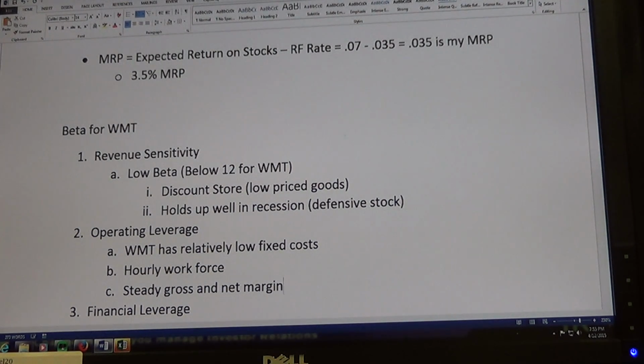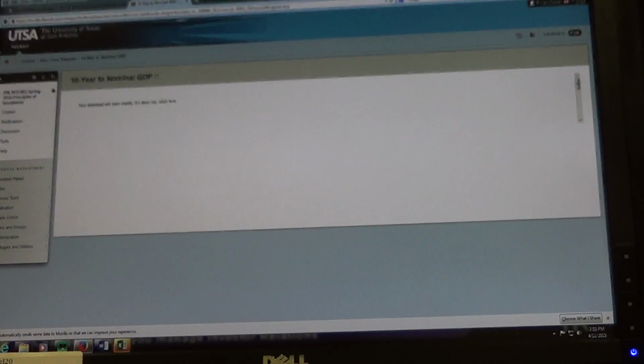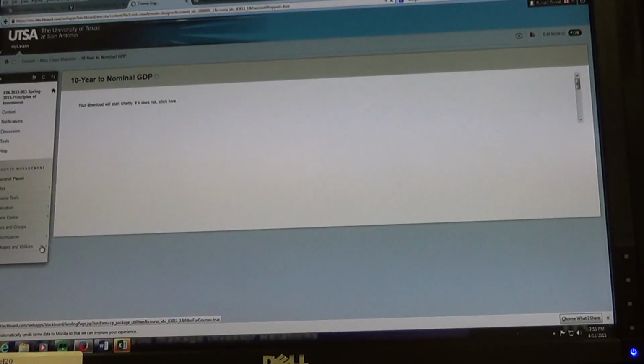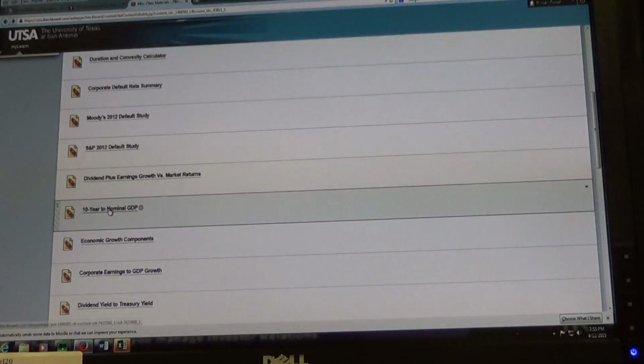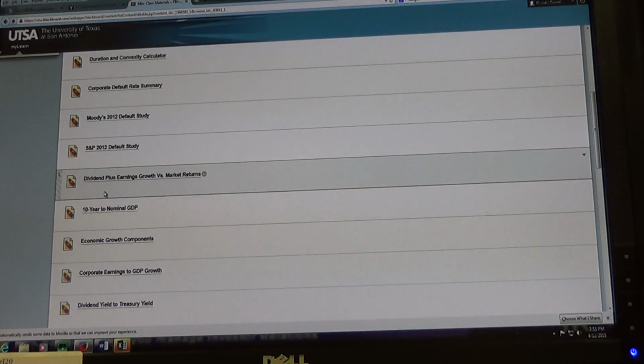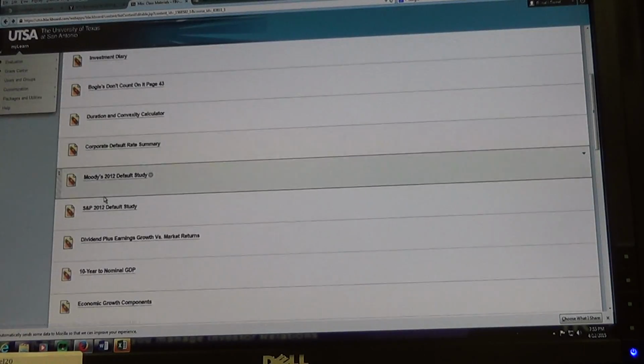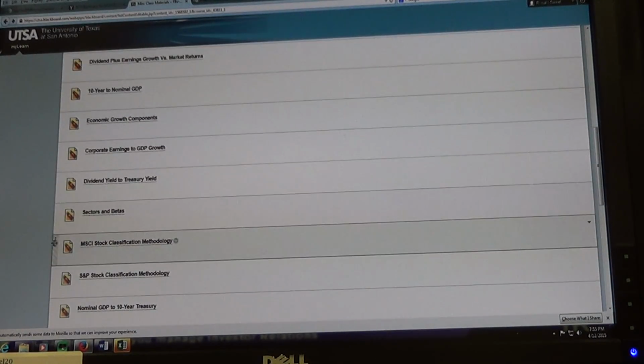The way I can prove this last part is, remember the other spreadsheet that I gave you in the class was the Excel spreadsheet that allows you to calculate for your company what their volatility of gross and net margin is. Let's see if I can find that spreadsheet and see the name of it.